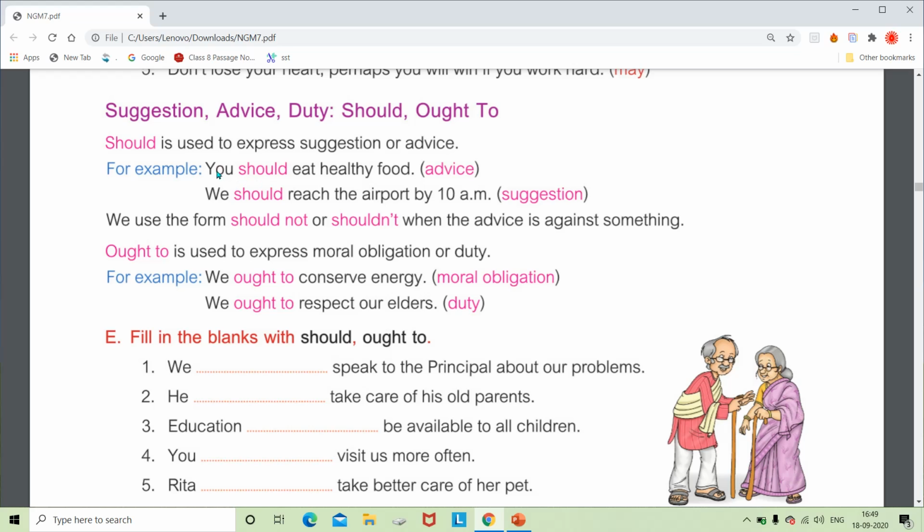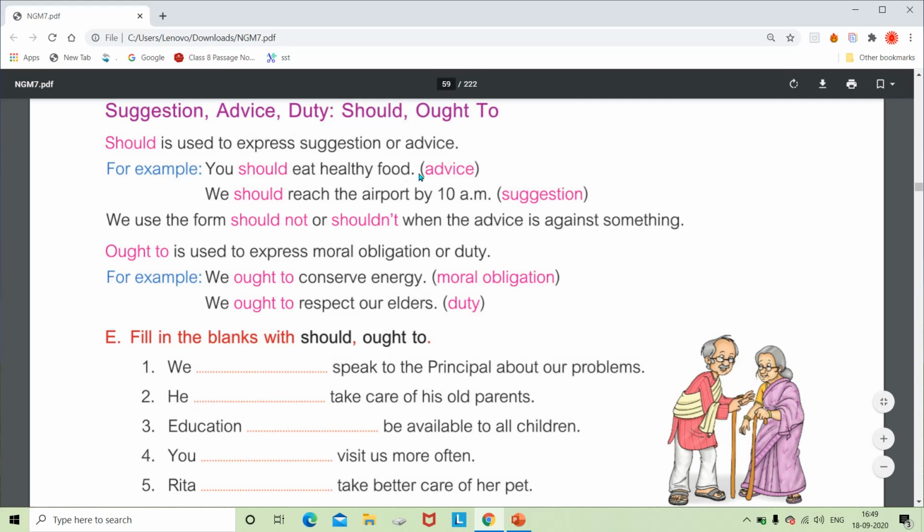So here are the examples. Should is used for giving suggestion or advice. So, you should eat healthy food. We should reach the airport by 10 am. Both of these are advice and suggestion. After the auxiliary should we use V1.